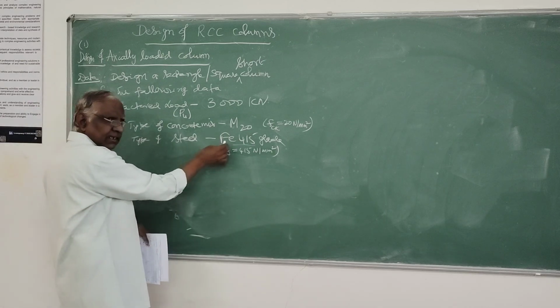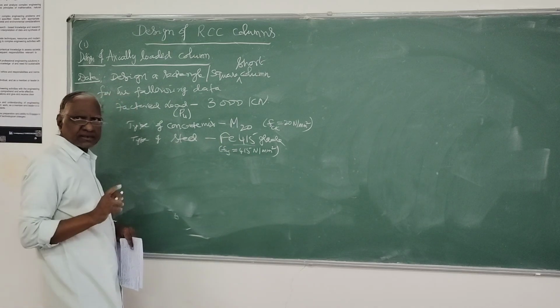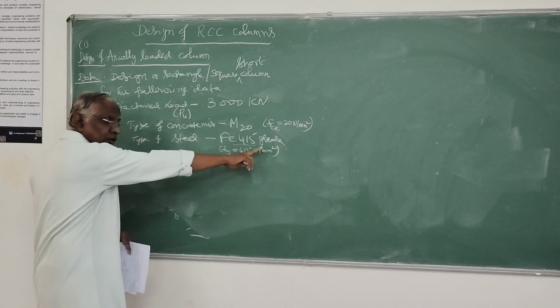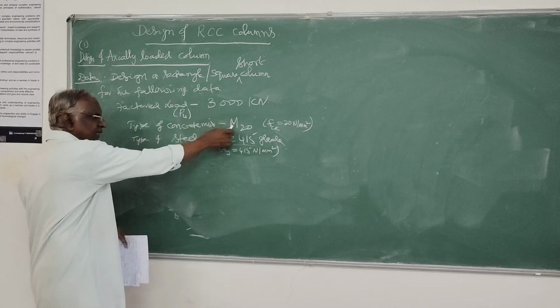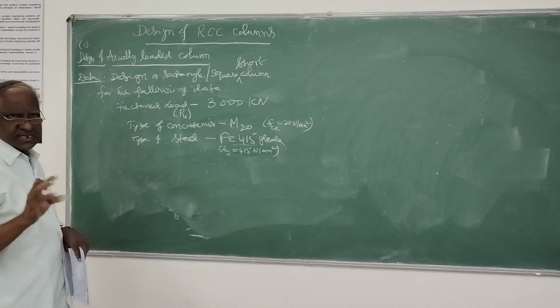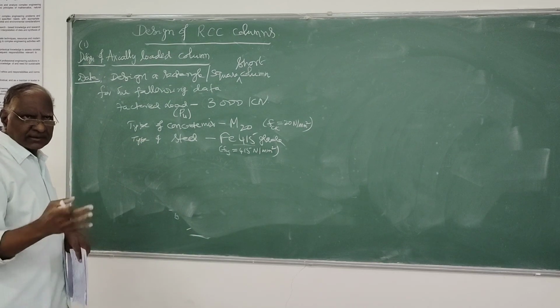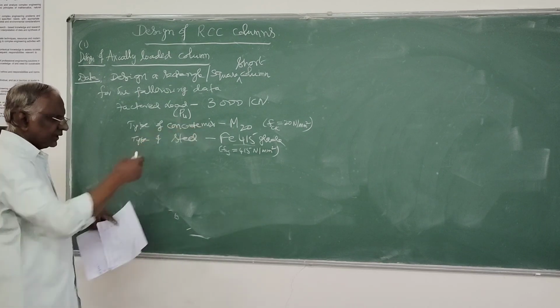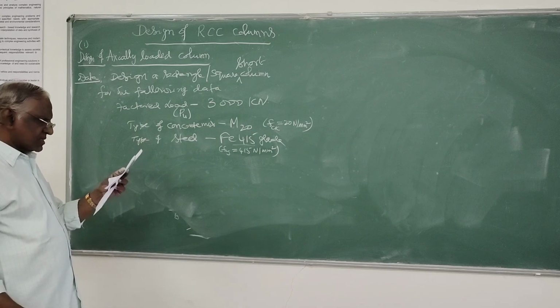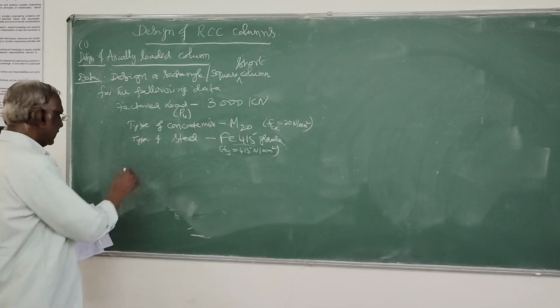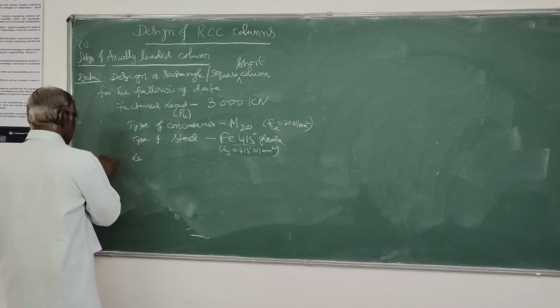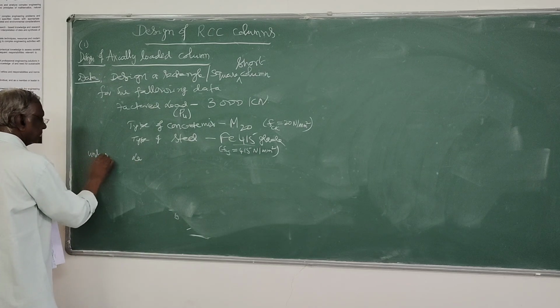In case of steel, it indicates yield strength of that steel in Newton per millimeter square. Similarly, strength of concrete indicates its characteristic compressive strength in Newton per millimeter square. And of course, unsupported length.